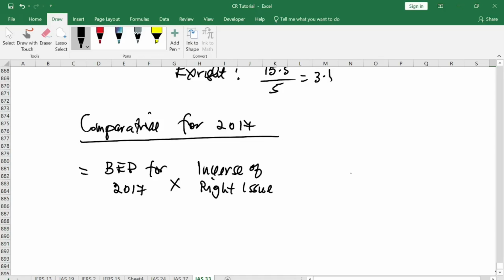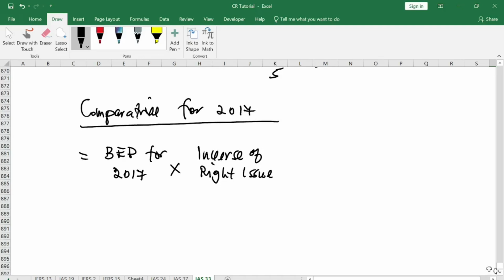So you need to find the inverse so that you can put them on the same scale, just like the restatement I spoke about, so that they are on the same position for comparison purposes.